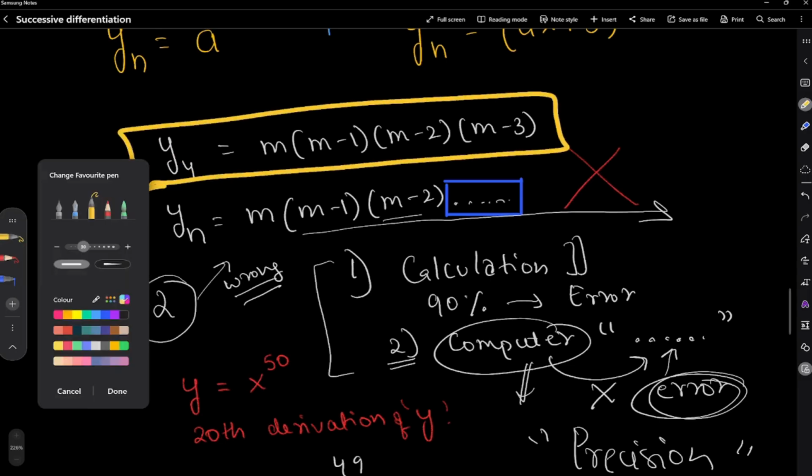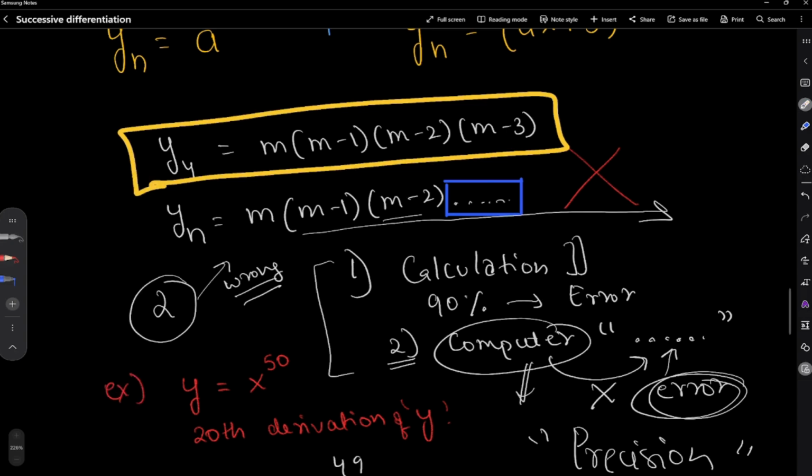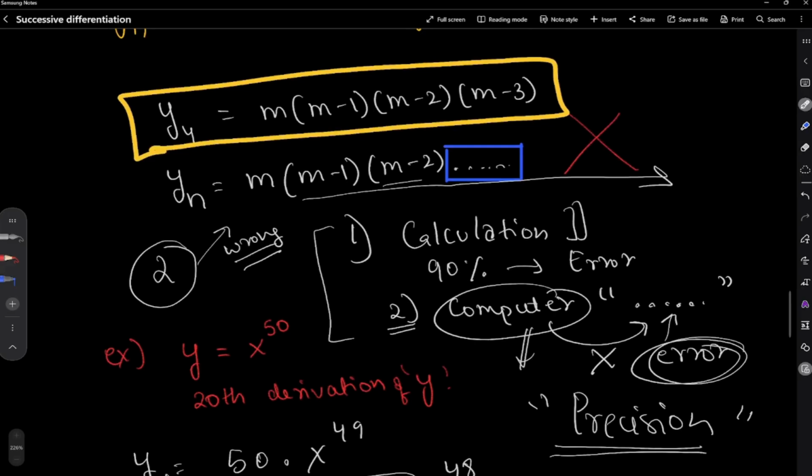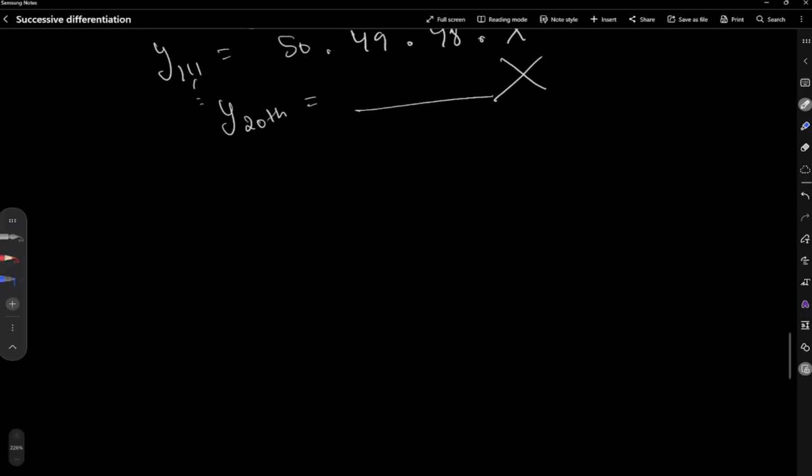So I'm going to explain it to you guys in simpler terms. I'm going to take another example. y equals x raised to the power 10, suppose, and I need to find the 4th derivative of this function.